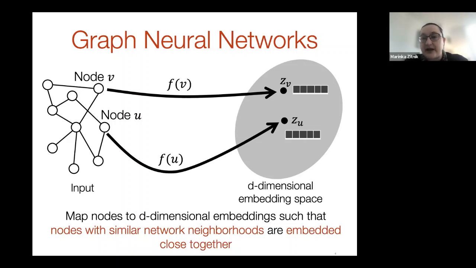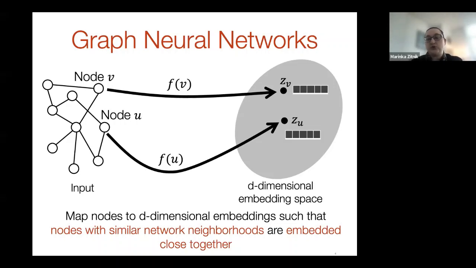A graph neural network will specify a nonlinear transformation function f that will map every node in the graph to a d-dimensional embedding, Z sub v, or Z sub u for node u, where the mapping should be done such that two nodes that have similar topology in the input graph are represented by points that are close to each other in the embedding space.